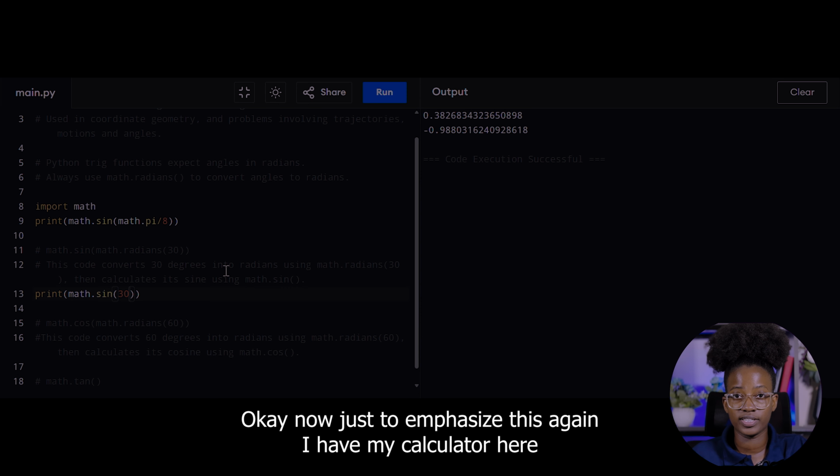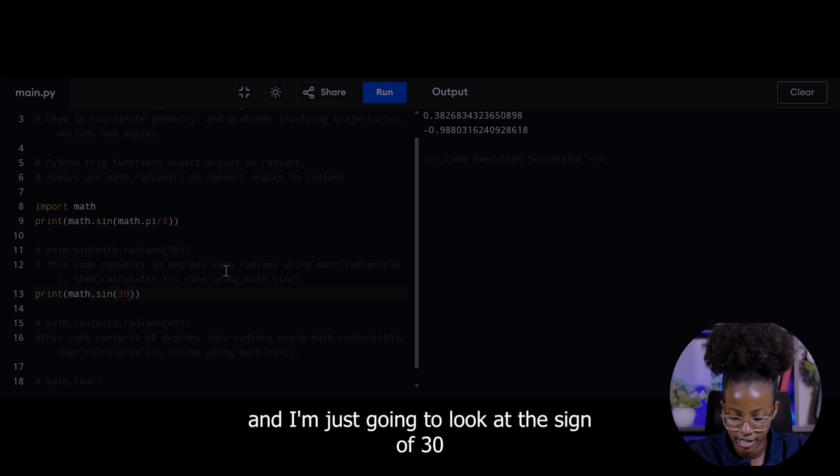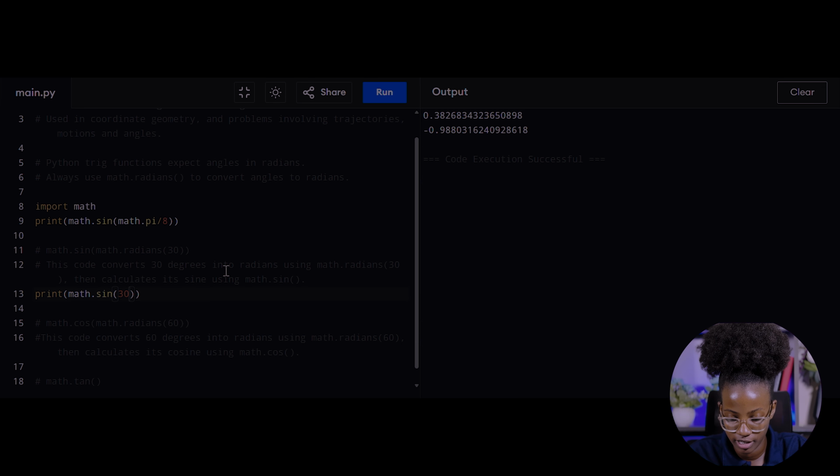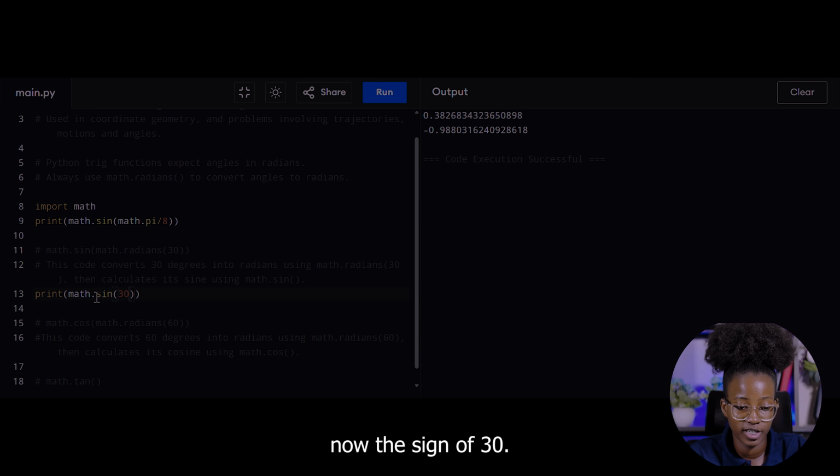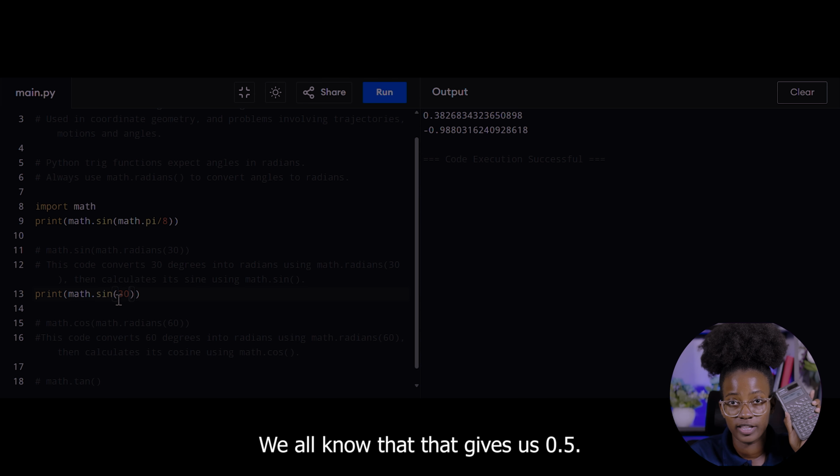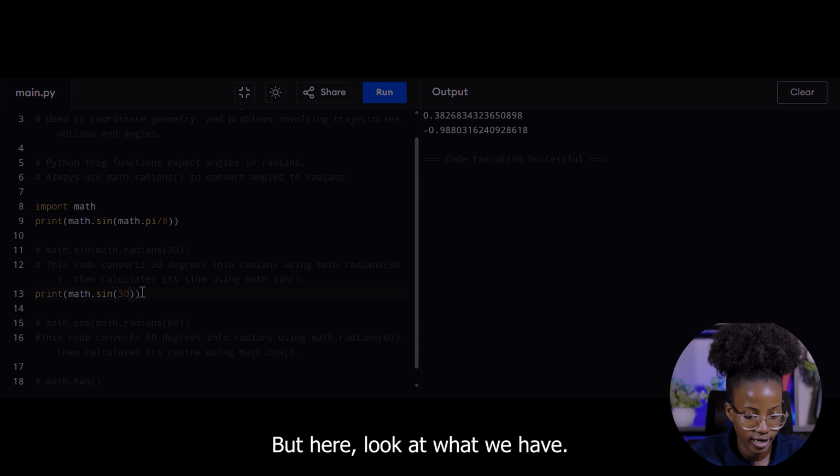Now, just to emphasize this again, I have my calculator here, and I'm just going to look at the sine of 30. Now the sine of 30, we all know that gives us 0.5. But here, look at what we have.